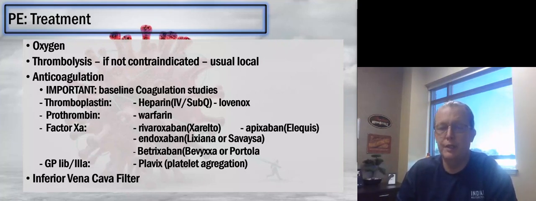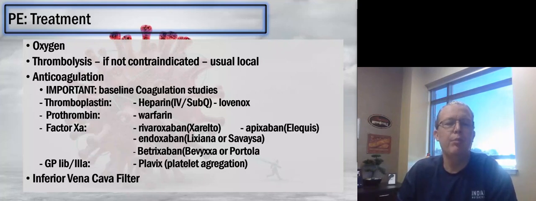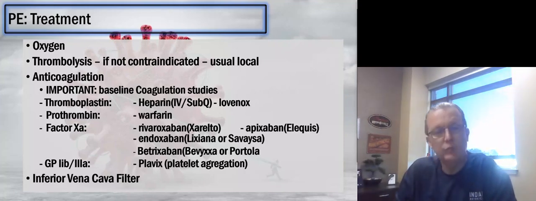That means it's not oxygenating. So for these patients, whether they have shortness of breath or not, we want to provide them with oxygen so that we can optimize oxygenation of tissues to compensate for the portions of the lung that aren't exchanging oxygen. So that's an initial treatment. It's not the end all.